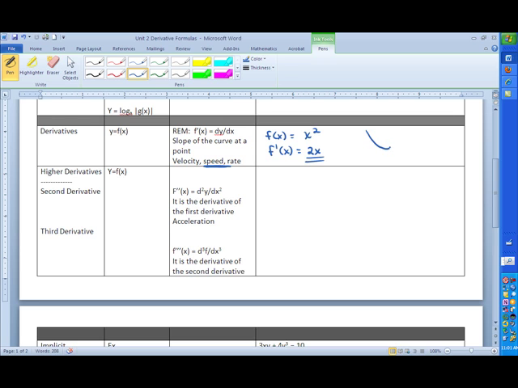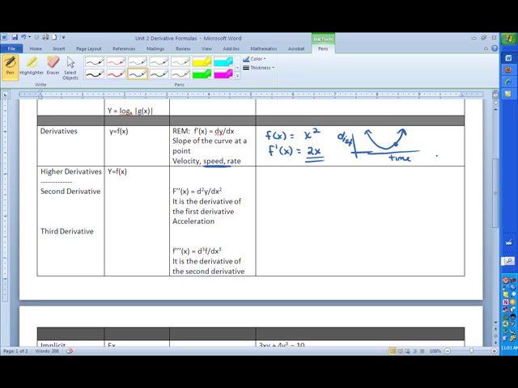So if you imagine x squared looks something like that, for any point we pick, the x-axis would be our time, the y-axis would be our distance, and to find the speed that I was traveling at this point, I could simply plug in what time it was and I could find the appropriate speed.